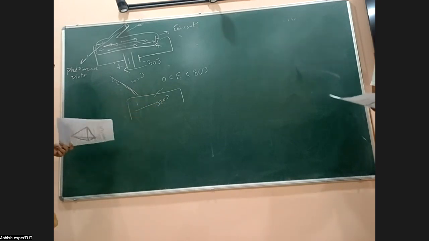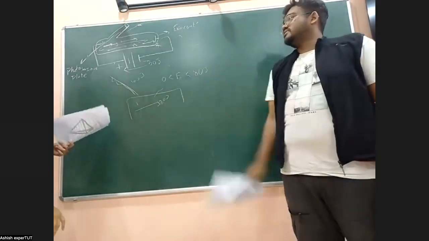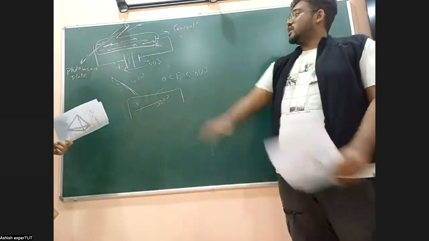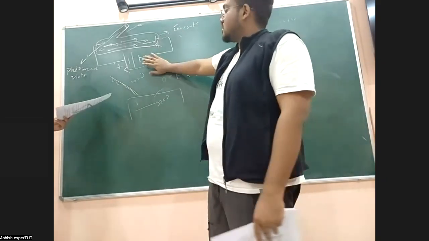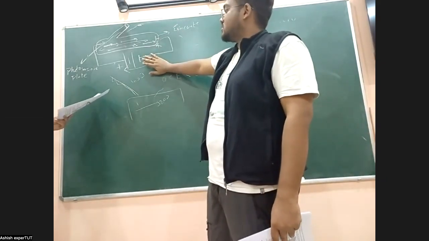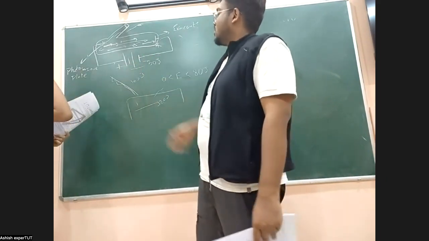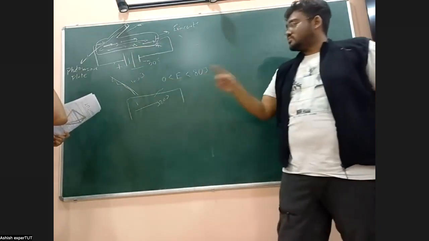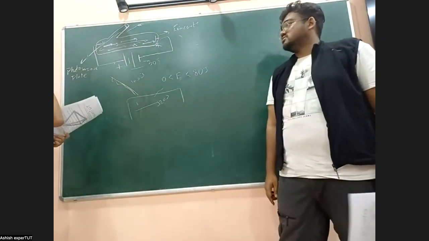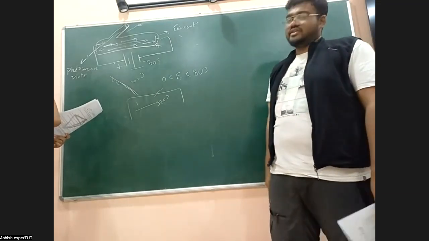So first tell me, without this polarity, what is the possibility? Without this external polarity, how much did you apply externally? 30. Without this polarity, what is the range of energies? 0 to 80, correct.